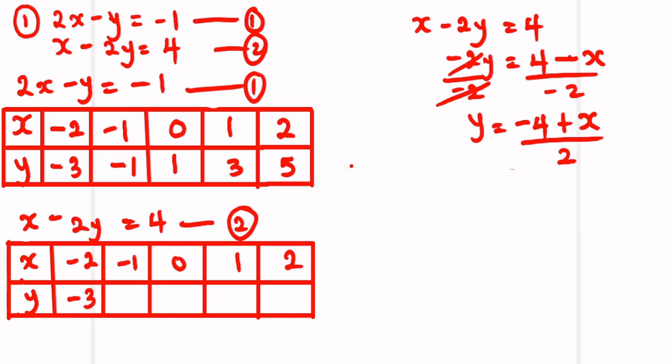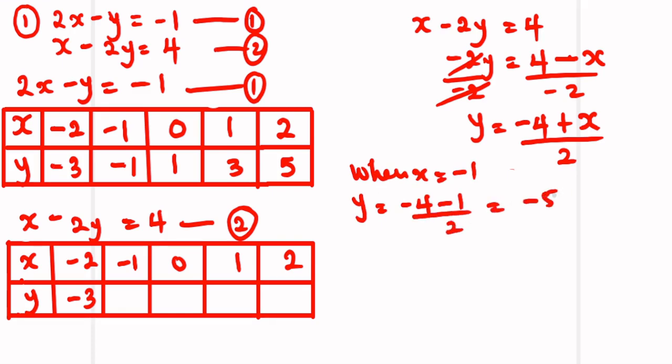Now we move to when x is equal to minus 1. So it becomes y equals to minus 4 minus 1 all over 2, which is minus 4 minus 1 is minus 5 over 2, which is going to give us minus 2 whole number 1 over 2. So we'll bring it here, minus 2 and half.